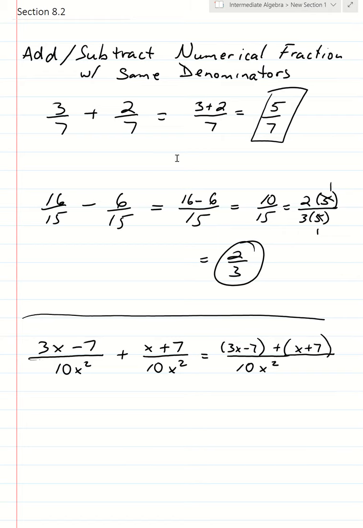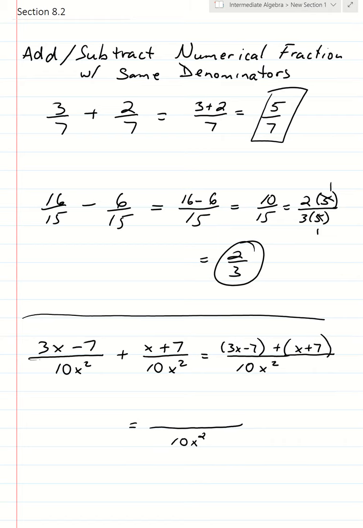Just like we did here, we took the 3 plus the 2, and just like we did over here, we did 16 minus 6. Here I'm going to take the first numerator, and it's a polynomial, so I'm going to keep it grouped in parentheses, plus the second numerator, also a polynomial, so I keep it grouped inside parentheses. Now, as always, we want to combine like terms in the numerator.